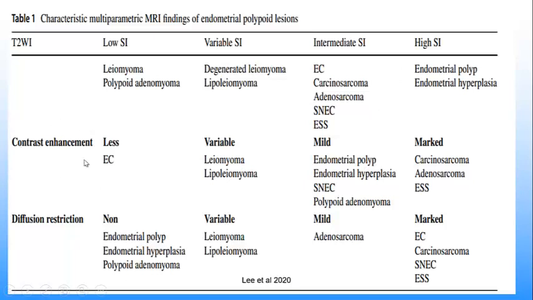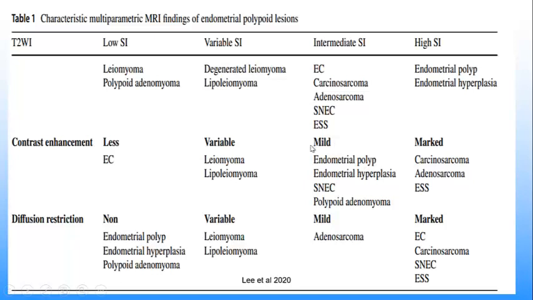Regarding contrast enhancement, the endometrial carcinoma is the least enhancing. It takes less enhancement than the normal myometrium, with delayed enhancement. Of variable contrast enhancement are the leiomyoma and lipoleiomyoma, according to the presence of degeneration or not, and according to the cellularity also.